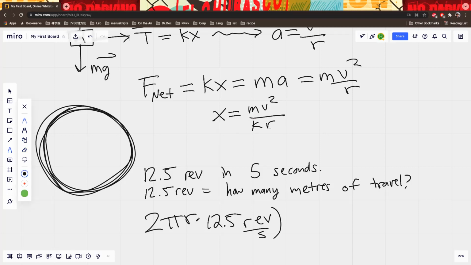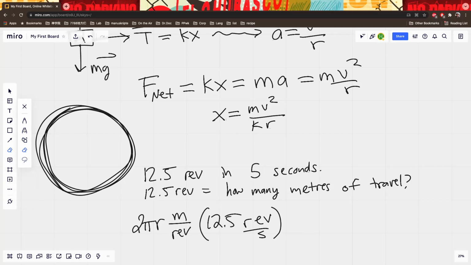And so this is meters. I don't have space, I'll just write this as meters. So then that becomes meters per second, right? I'll write this better: 2.5 revolutions per second, times 2 pi r meters per revolution. So I don't need this meters here.